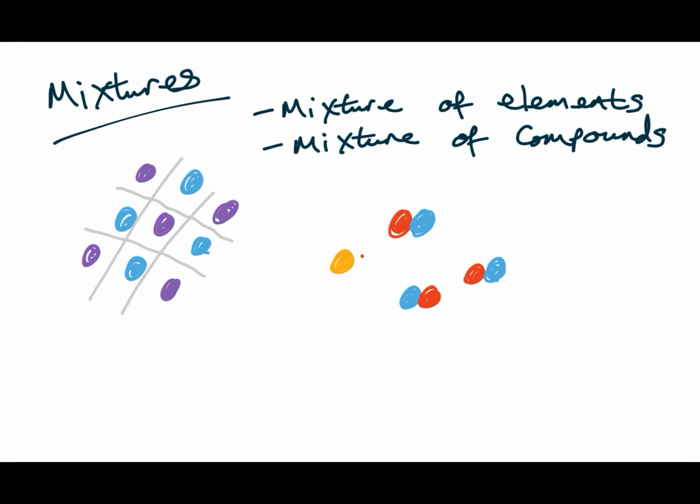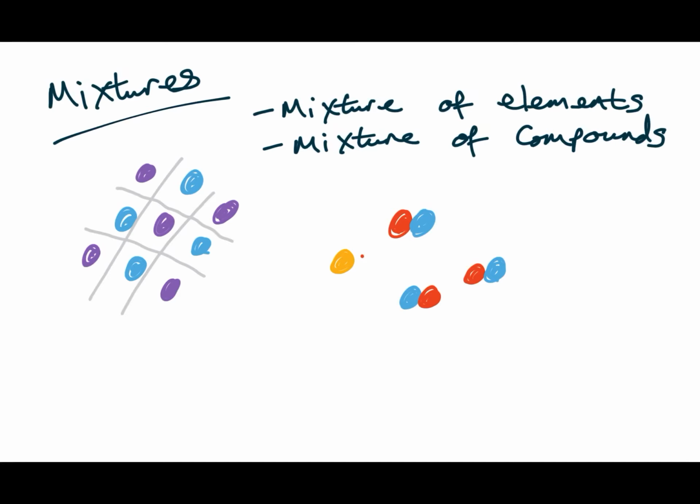That's a mixture of mixtures because it's got milk and it's got sugar and it's got the coffee, which is itself a mixture of lots of different things. So mixtures, the important point being that they can be separated without having to break any chemical bonds, without having to do any chemistry.